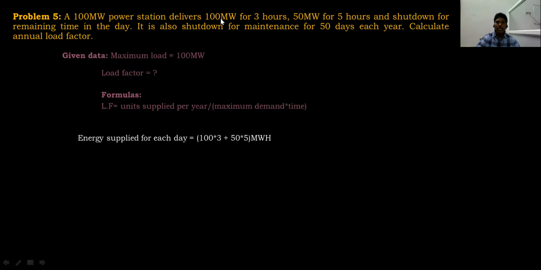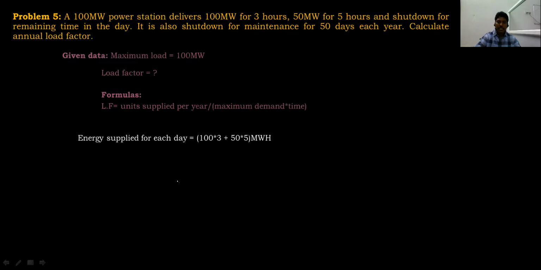These many megawatts for 3 hours. Therefore, 100 into 3 gives the energy delivered by the generating station for this load. And 50 megawatts for 5 hours, therefore 50 into 5. Both together are the energy supplied by the power generating station to loads per day.